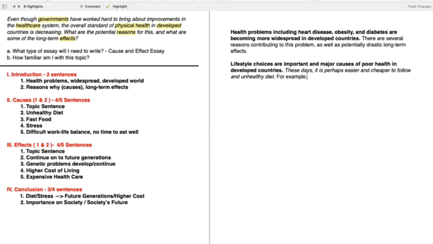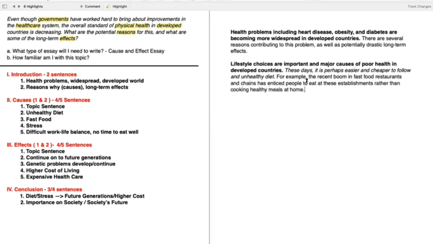For example, which is a great transition, the recent boom in fast food restaurants and chains has enticed people to eat at these establishments. Okay, I don't want to repeat restaurants. I want to say something else. So I think of establishments rather than cooking healthy meals at home.